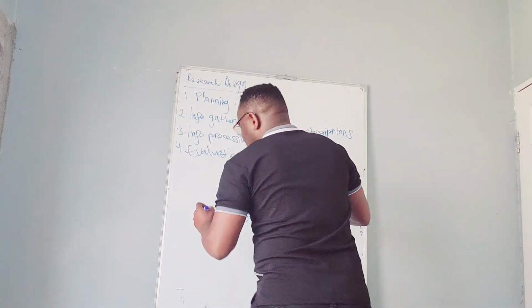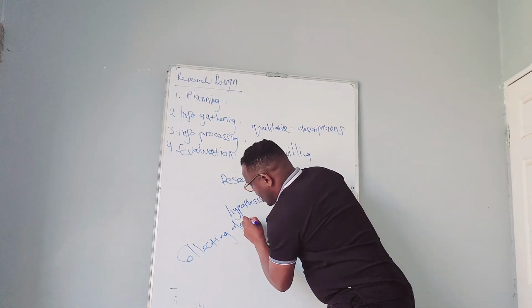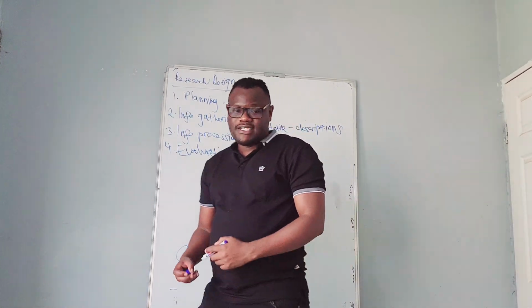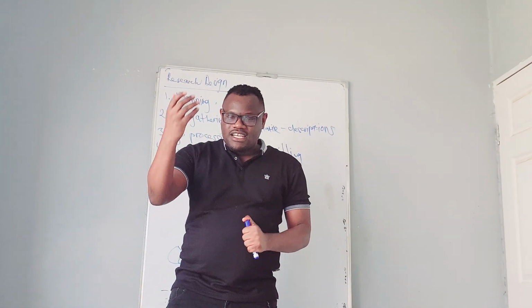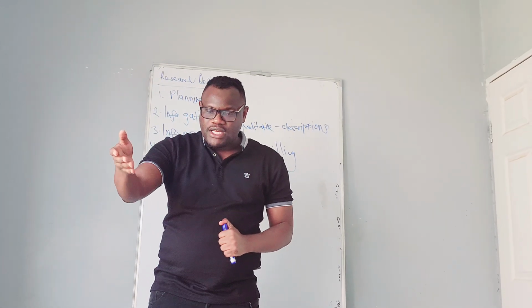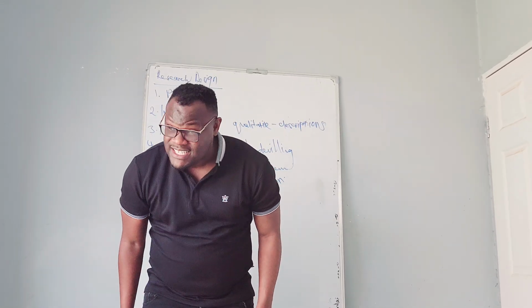So after that stage, there is collecting data. Before data can be collected, the researcher needs to identify the people or respondents who will be the subject of the research.